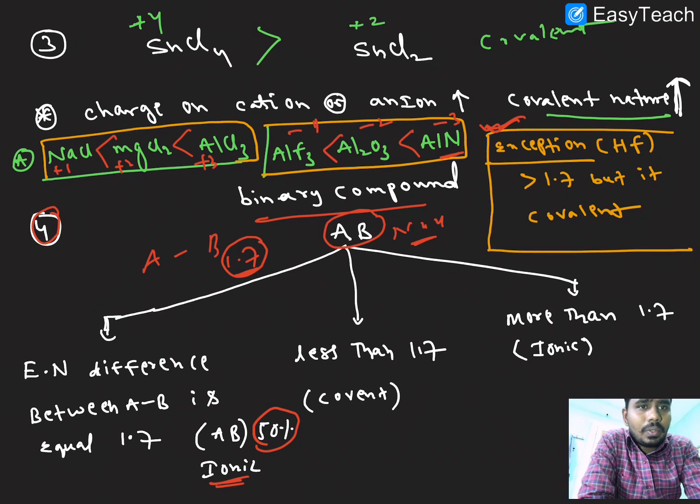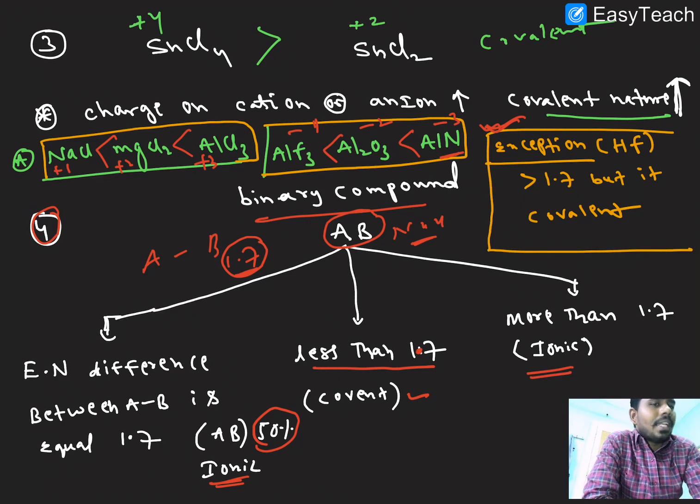If the electronegativity difference is less than 1.7, in that case it has covalent character. If the electronegativity difference is more than 1.7, it is ionic character. So in this case also we can decide which has ionic character and which has covalent character based on the electronegativity factor.